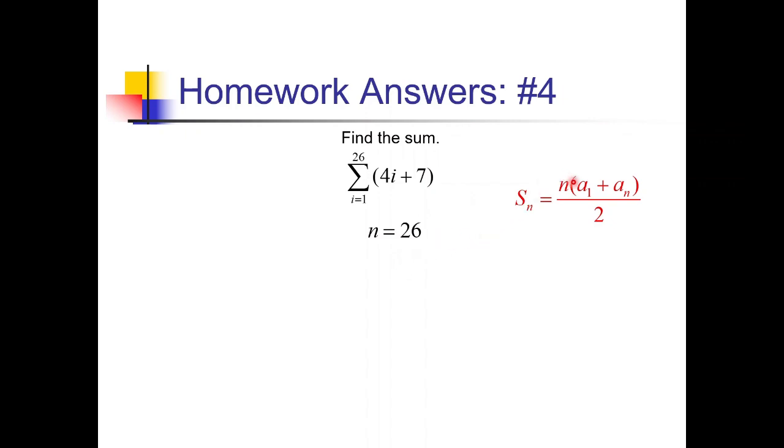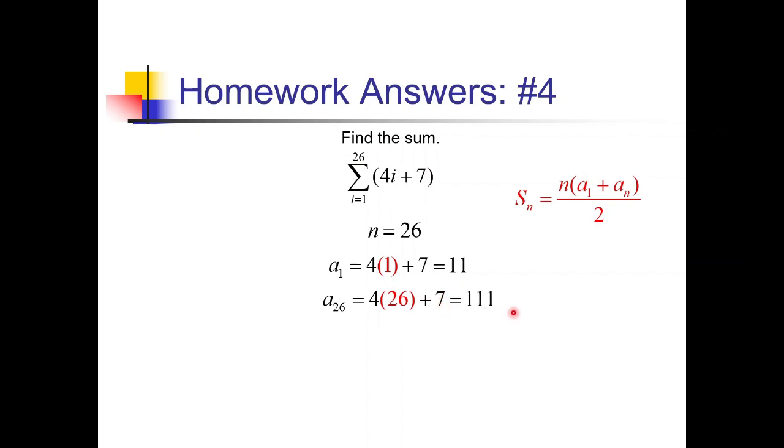For a sub 1, I just have to plug 1 into my summand here, so 4 times 1 plus 7. That's 4 plus 7, so 11. And then for a sub n, I have to plug in this 26 to my summand, so 4 times 26 plus 7. That's 104 plus 7, so 111.